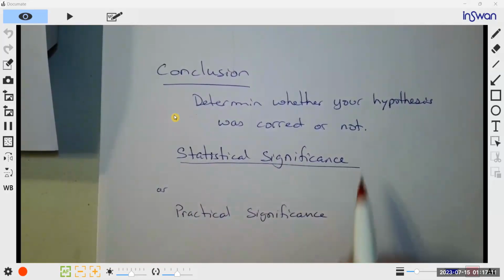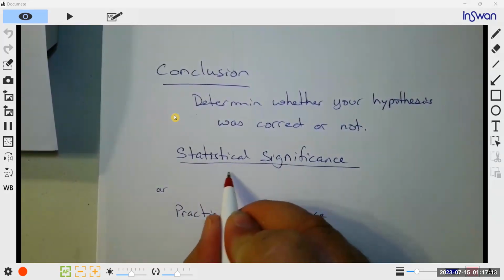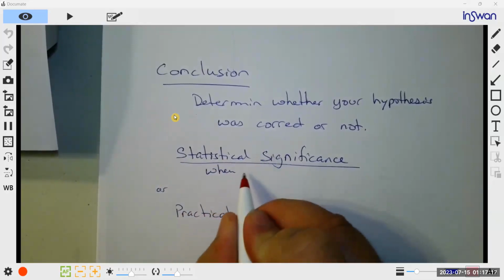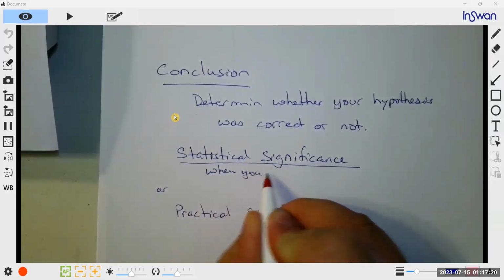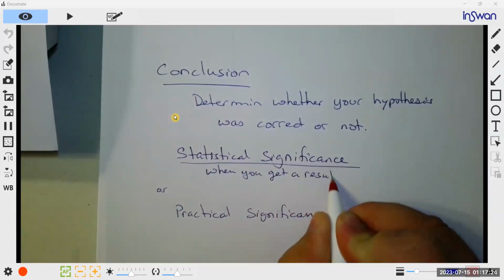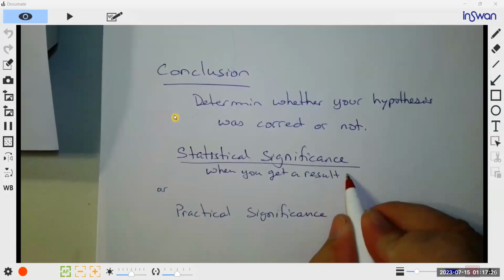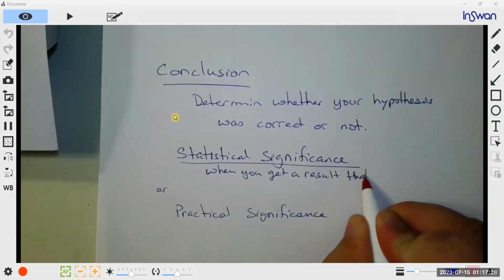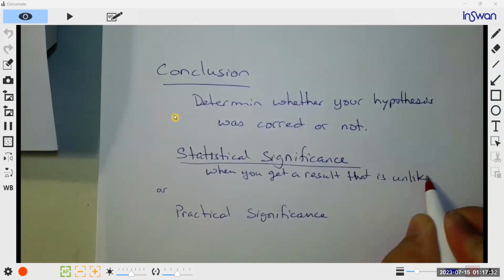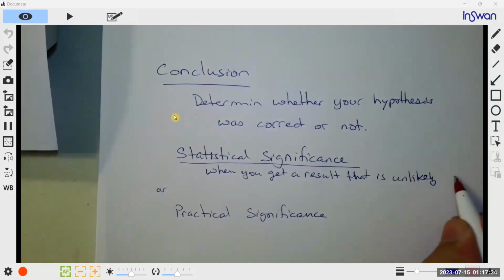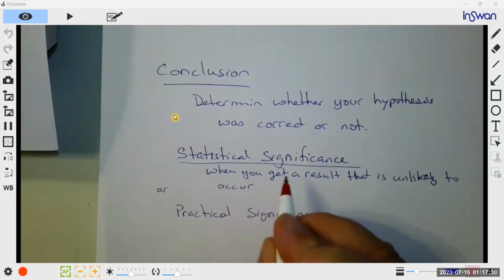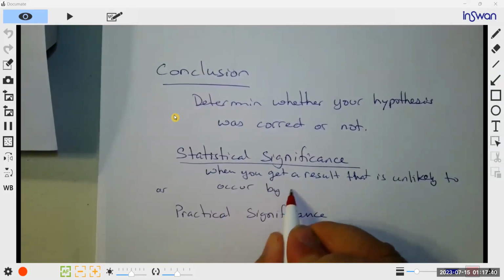Statistical significance is when you get a result that is unlikely to occur by chance.